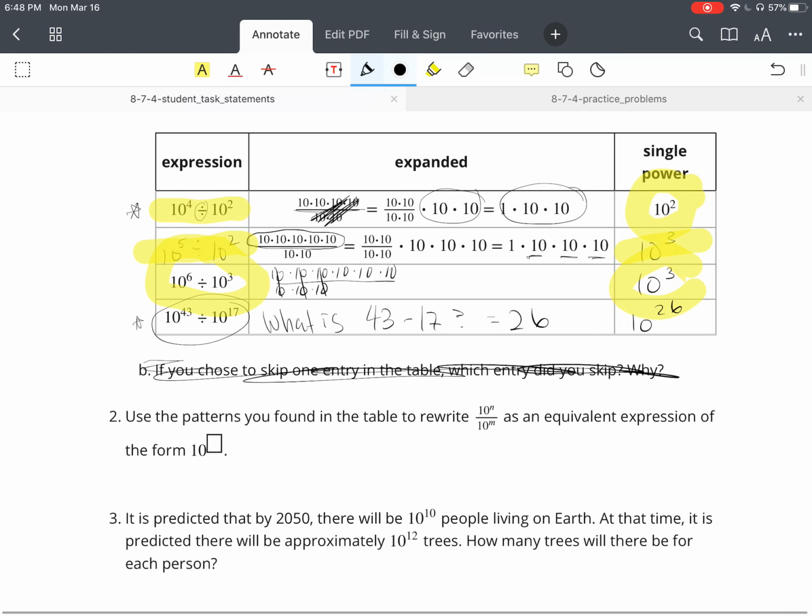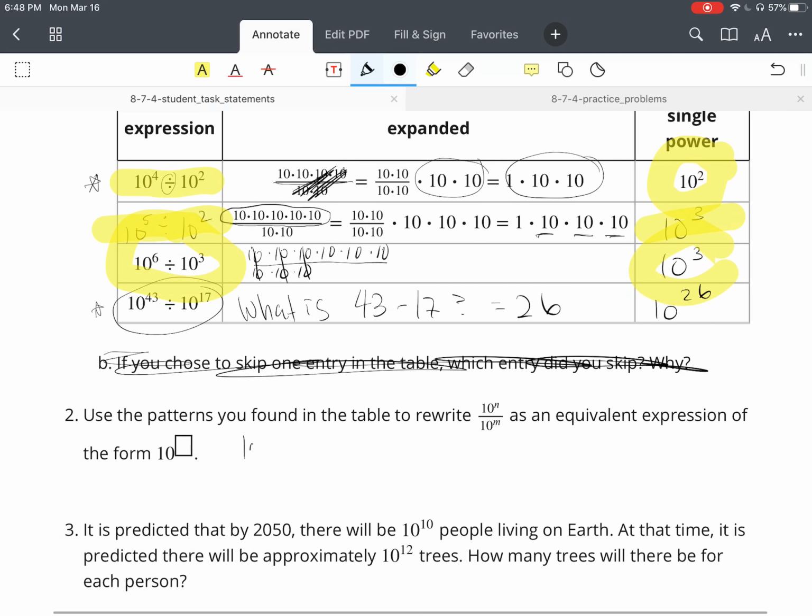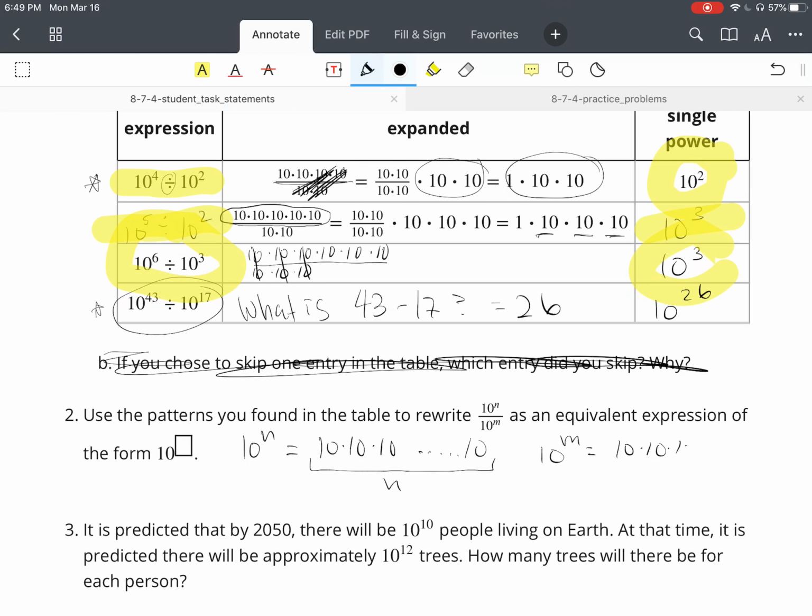So, we want to use the patterns you found in the table to rewrite 10 to the n over 10 to the m as an equivalent expression of the form 10 to the something. So, 10 to the n is equal to 10 times 10 times 10, how many times? n. 10 to the m is 10 times 10, how many times? m.